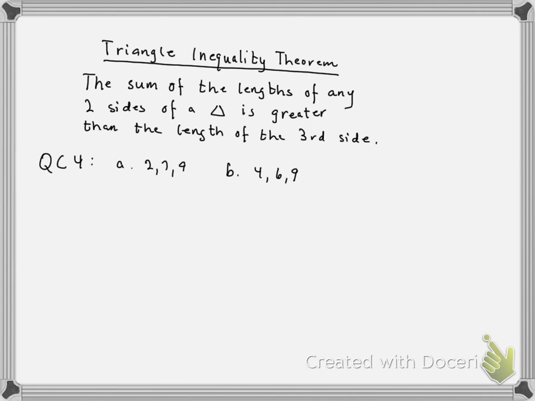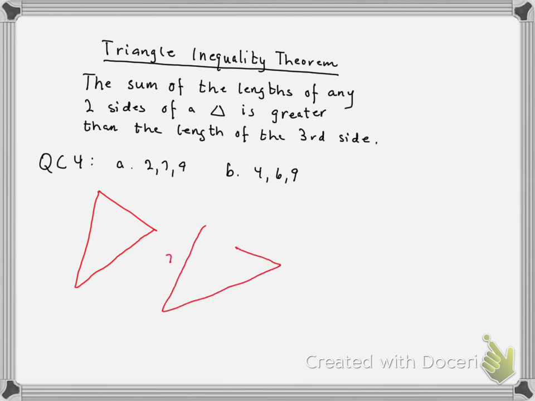The triangle inequality theorem. That's your theorem 5.12. The sum of the lengths of any two sides of a triangle is greater than the length of the third side. So here what we're going to do is draw this triangle, and we're going to see if in fact those side lengths would create a triangle, because it just might be that one of the sides is a little too short.